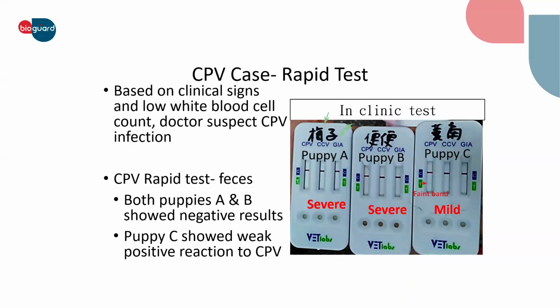So they use the rapid test, using Bioguard 3DS to detect CPV, CCV, and Giardia.